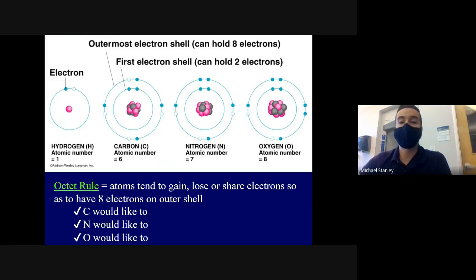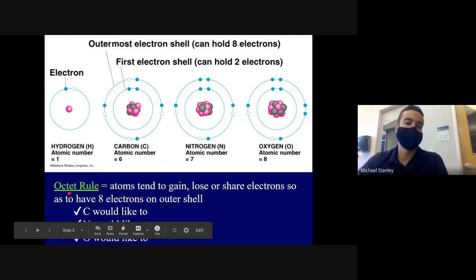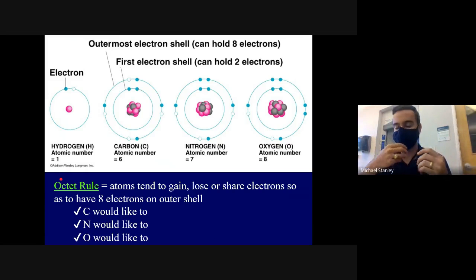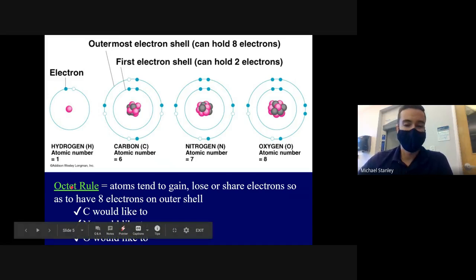Other major thing that we're going to talk about today is something called the Octet Rule. So octet, think like octagon. It means like 8 or like octopus. So the Octet Rule says that atoms would like to have 8 electrons on their outer shells.